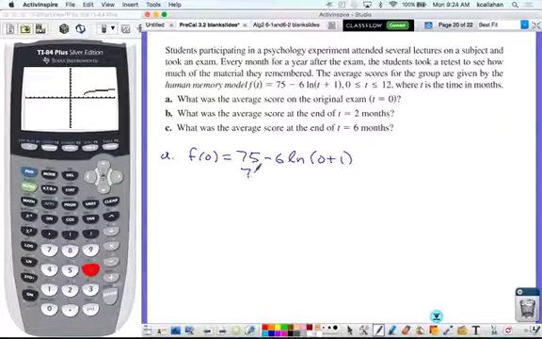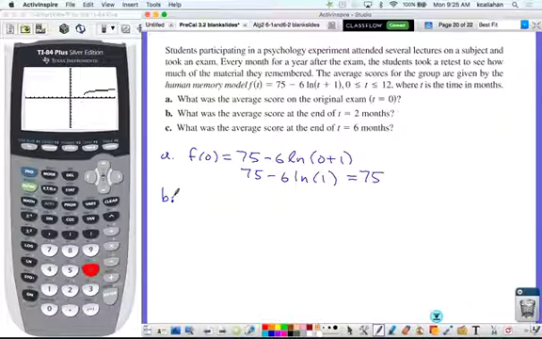Okay, but that's 75 minus 6 ln of 1. Well, what's ln of 1 equal? 0. So this is just 75. So that's 75, the constant term in front, that was the original score. Okay, B.